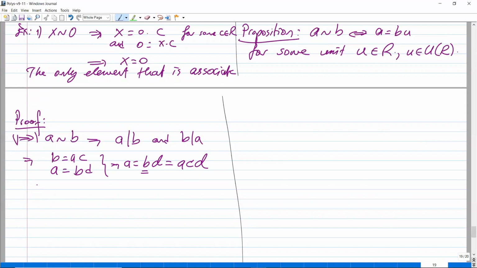By the way, if A is equal to 0, we write A as 0 times a unit.